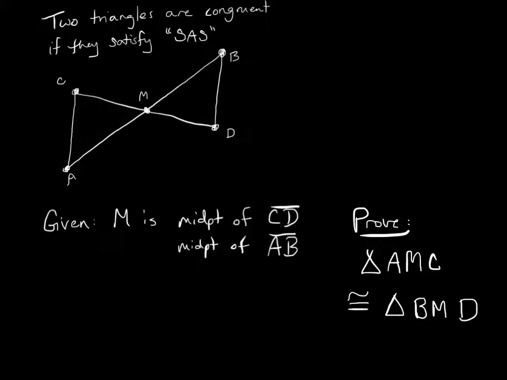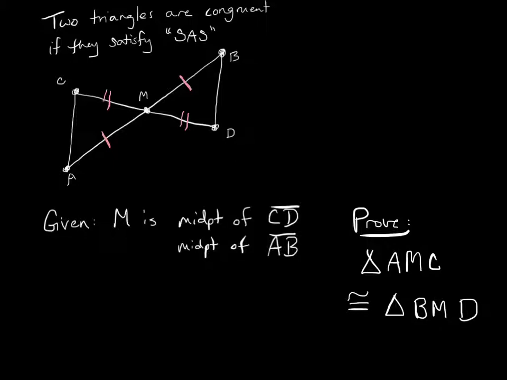I'm just going to sketch the proof without really writing it out. The point is that this side, AM, is the same as MB, because M is the midpoint of AB. The side CM is the same as the side MD, because M is the midpoint.